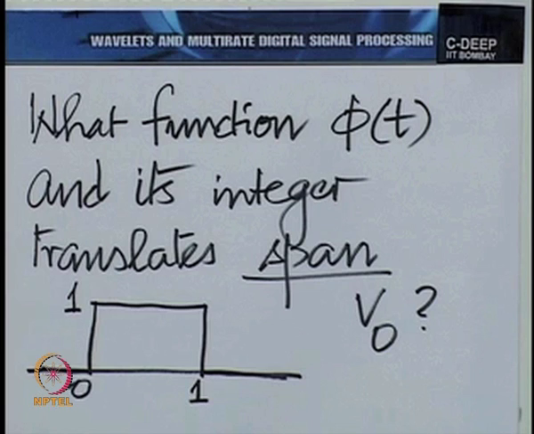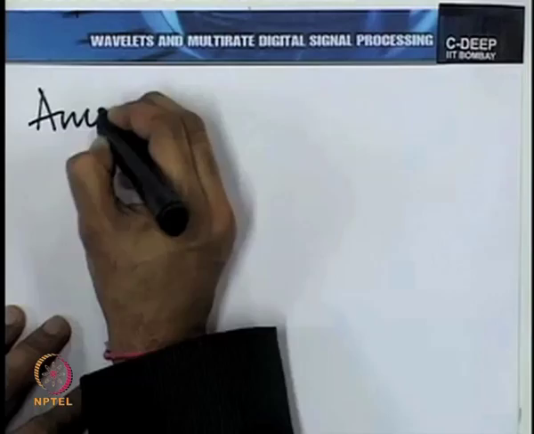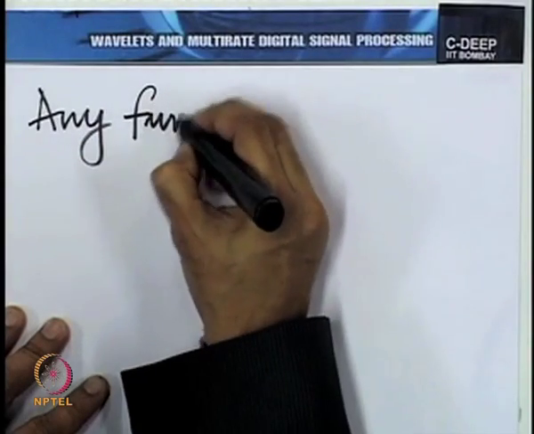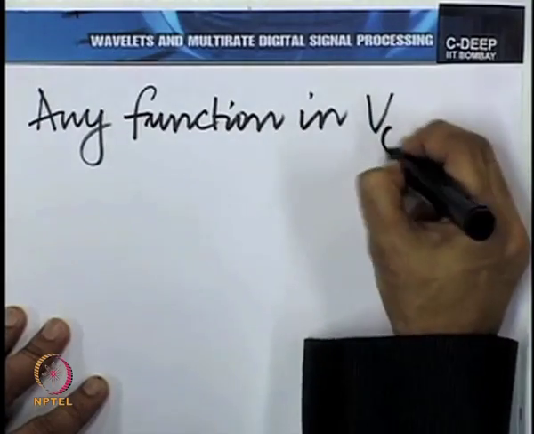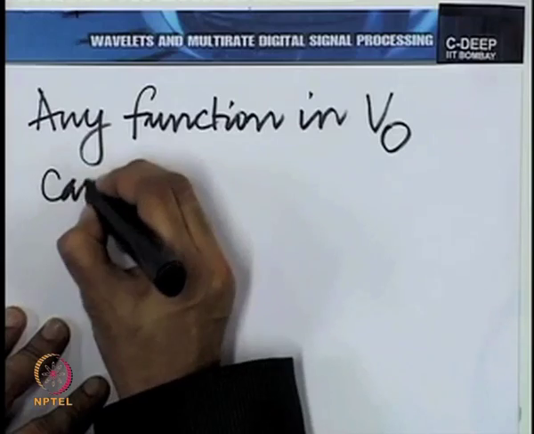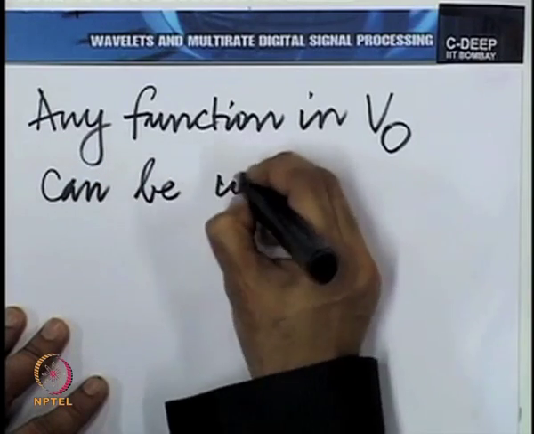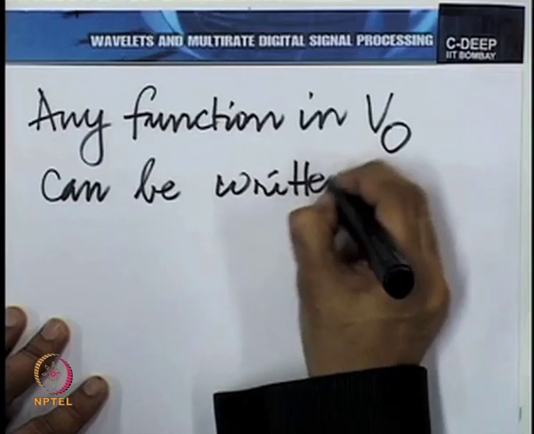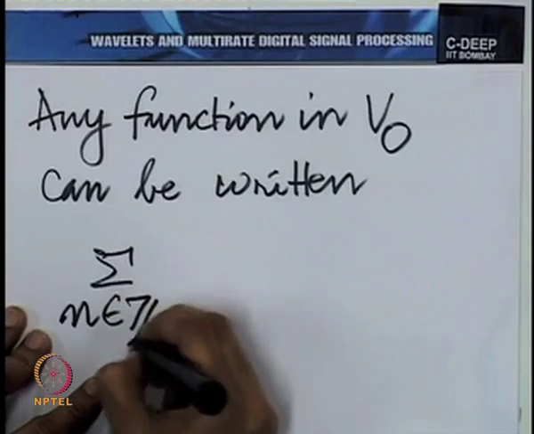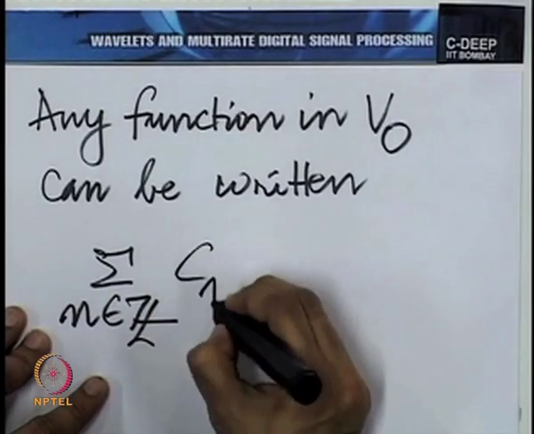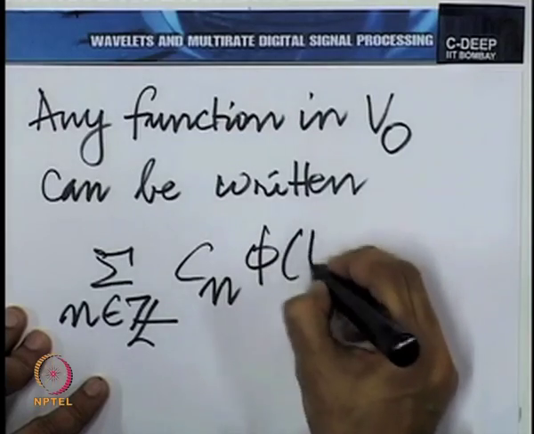So, what we are saying is any function in V 0 can be written like this. Summation n over all the integers C n phi t minus n.